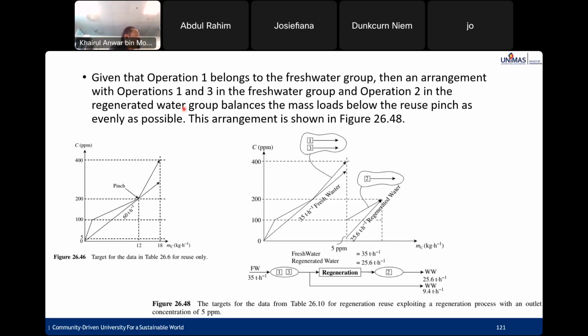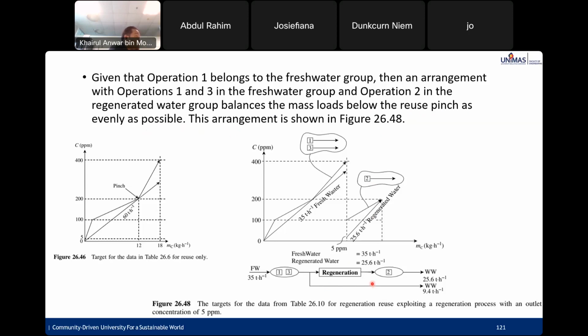Given that operation 1 belongs to the freshwater group, an arrangement with operation 1 and 3 in the freshwater group, and operation 2 in the regenerated water group, balances the mass load below the reuse pinch as evenly as possible. This arrangement is shown in figure 26.40.